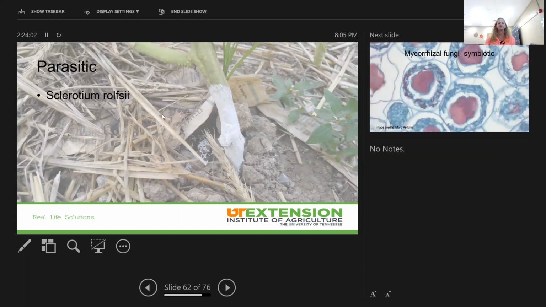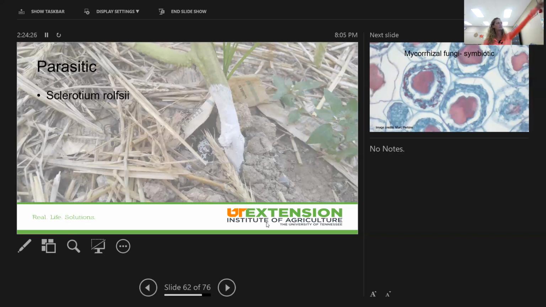This is sclerotium. This is southern blight. If you've ever seen your tomatoes just kind of fall over in the garden, or they start to wilt and fall over and they've been well watered, and you do a little bit more investigation and you see all this white mycelium.